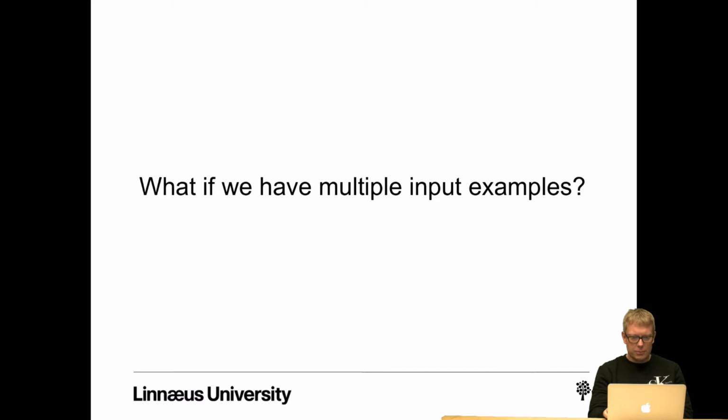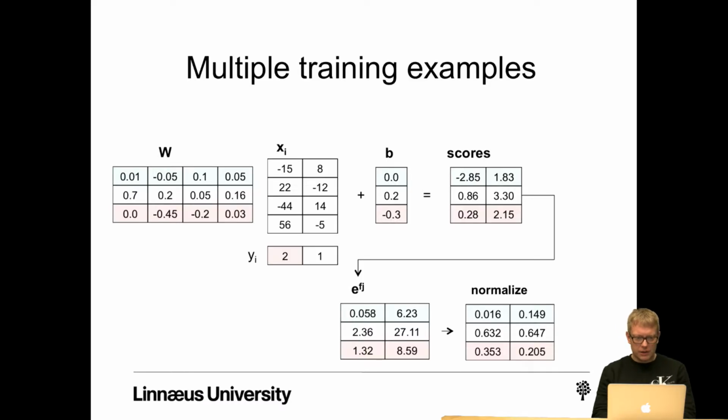If we have multiple input examples, it's not that much more complex. We have a multiplication of the weight matrix with the input matrix, and we have a vector with the correct categories, and we add the bias vector to each column in the resulting matrix from the multiplication. And we now get a scores matrix instead of a scores vector.